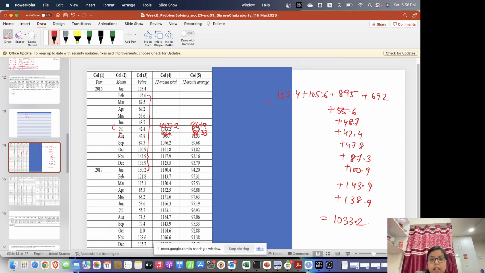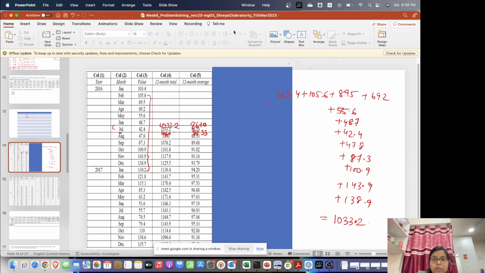So once we get the midpoint values, we are going to do a centering.